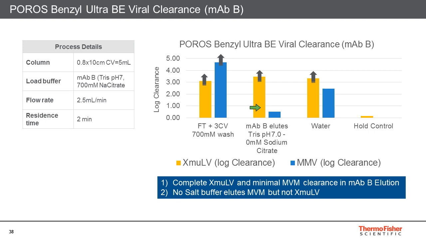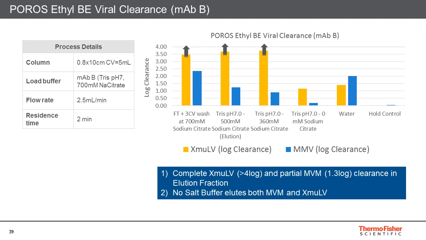Therefore, we really saw minimal MVM clearance, and it's consistent with our previous MVP high-throughput study. But we did see, also consistent with our previous live viral clearance studies, that we did have complete XMuLV clearance in the product pool. And note that water here, because it was Benzyl Ultra, again, was not sufficient to elute XMuLV off of the Benzyl Ultra, so that basically means more optimization of the strip buffer is needed.